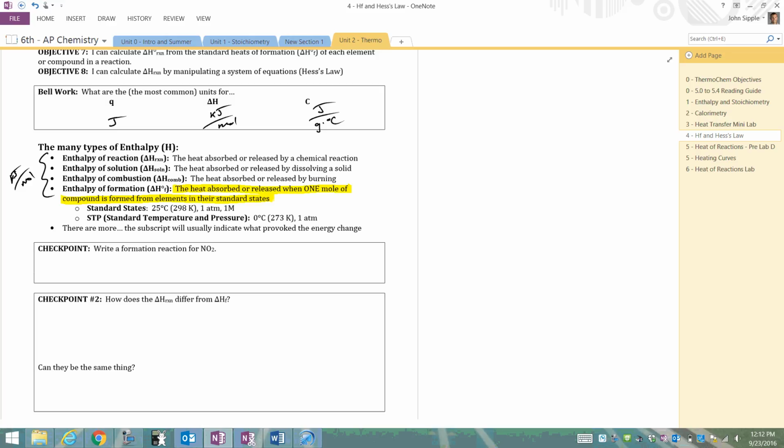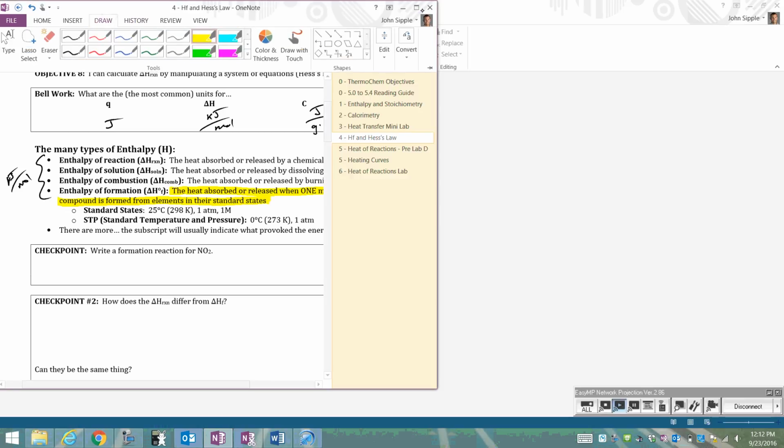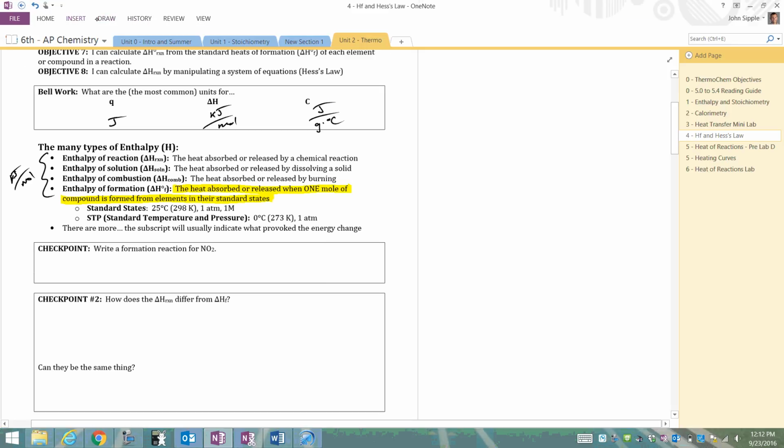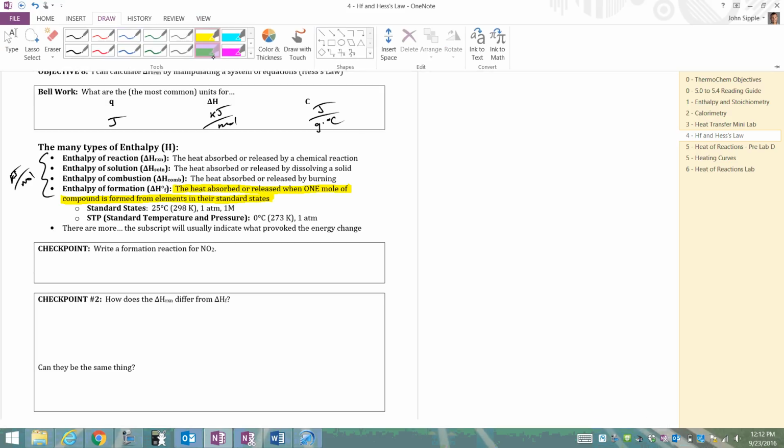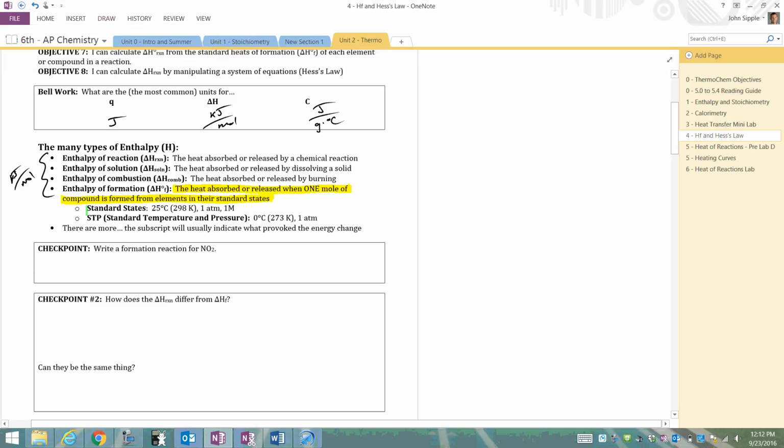Okay, so the heat of formation, or release, right? Because it could be positive or negative, but this is for 1 mole of a compound formed from its elements in standard state. If you look, we've got standard state, and notice the difference between standard state and our standard temperature and pressure, right?